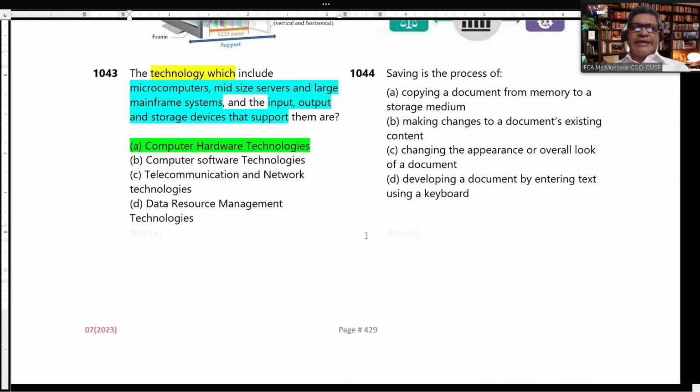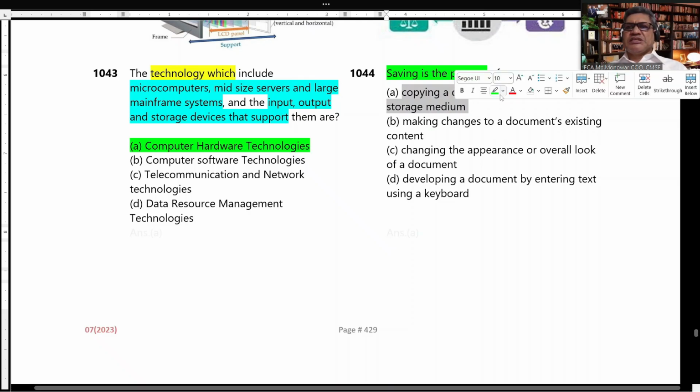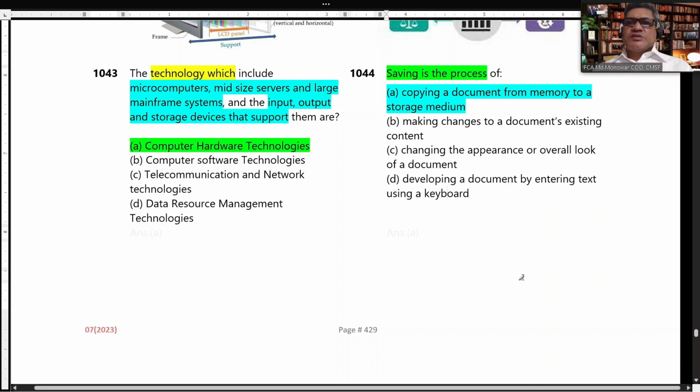Here answer A, computer hardware technologies. Saving is the process of copying a document from memory to a storage medium.